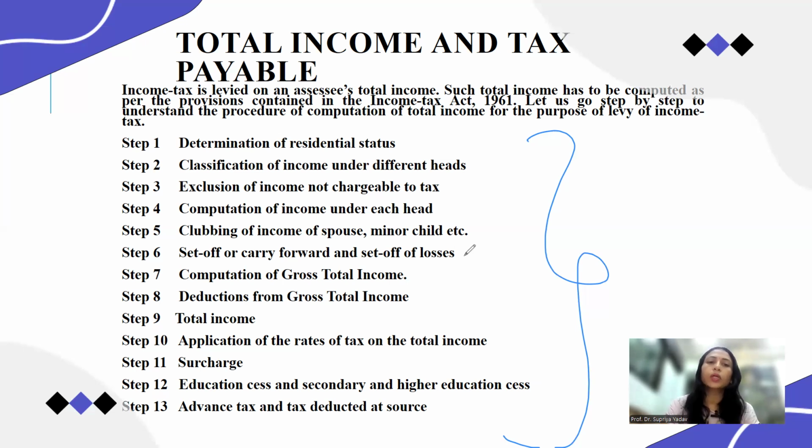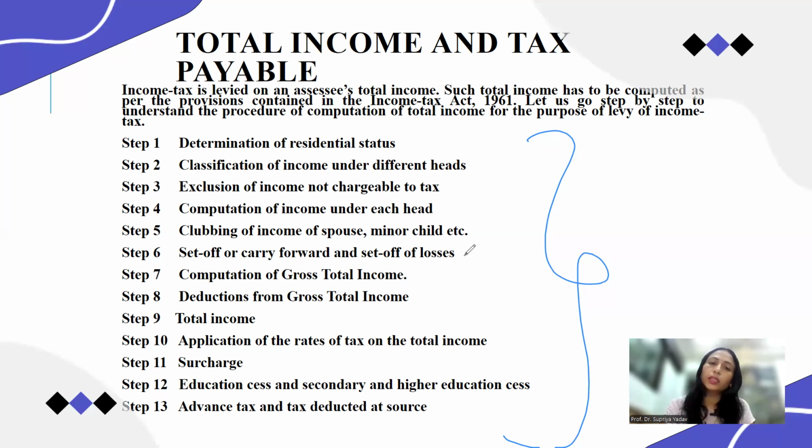At that time, whatever the income of my spouse is, I am going to club it with my income. That means suppose I have an income of 5 lakhs and my husband has an income of 1 lakh, I have to show it as a 6 lakh income. Also suppose my minor child, who is less than 18 years old, has earned rupees 20,000 by gifts or by way of prizes.